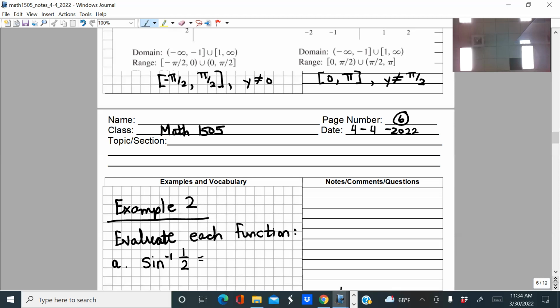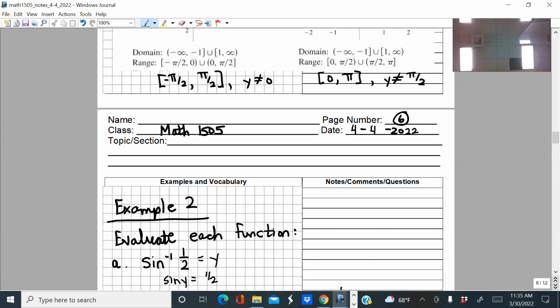Well, here's the way. If sine inverse of 1/2 is equal to some number y, that's only true if sine of y is equal to 1/2. If you put a number into the inverse function and get a result back, that means the sine of that result has to be whatever number you put into the inverse function.